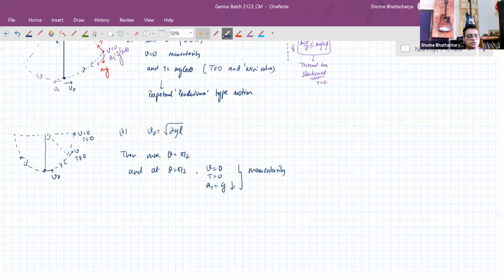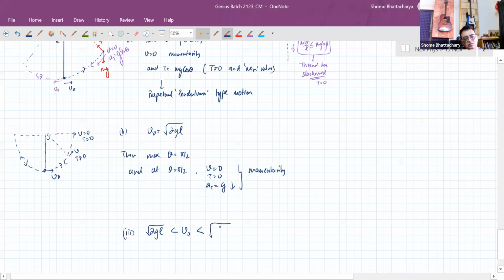Now let's come to the third case, where the speed we give is greater than root 2 GL, so it's going past the 90-degree position, but it's less than root 5 GL. If it is less than root 5 GL, it will not reach theta equal to pi.